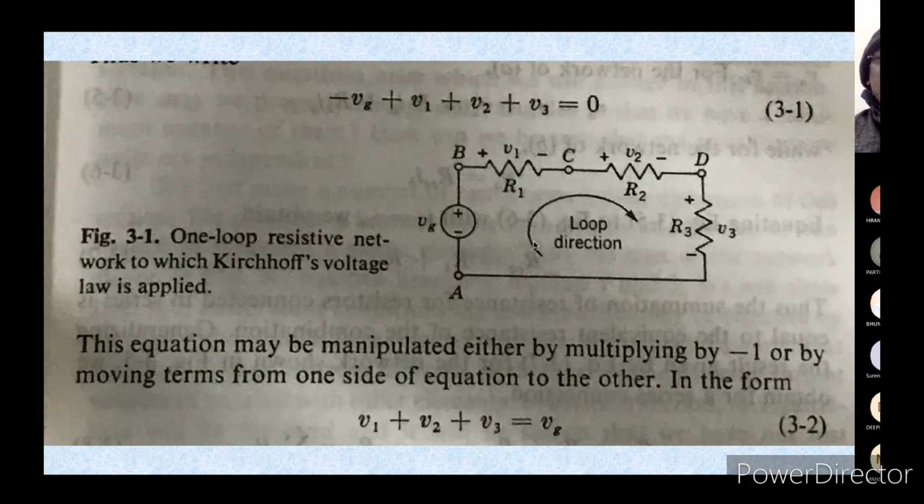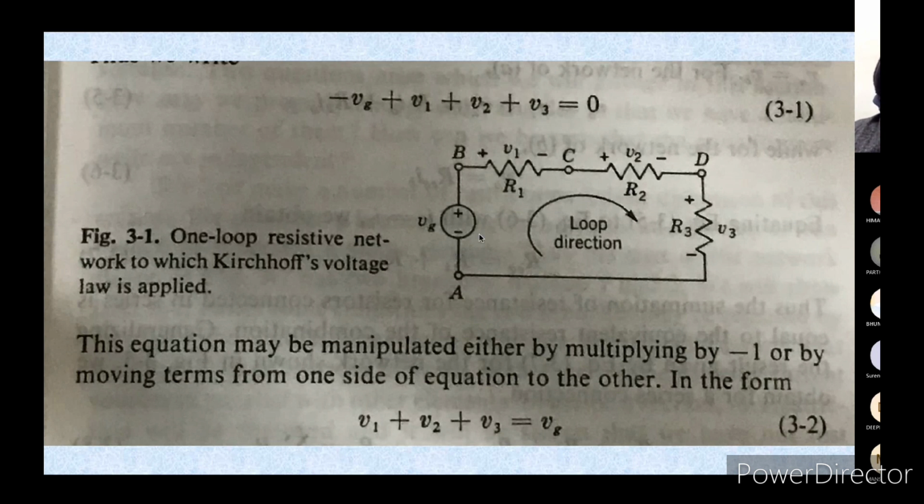Yes, the loop law, where the voltages are across different components. So this law says that the sum of all the voltages in a loop is equal to zero, considering, of course, the direction, positive and negative.